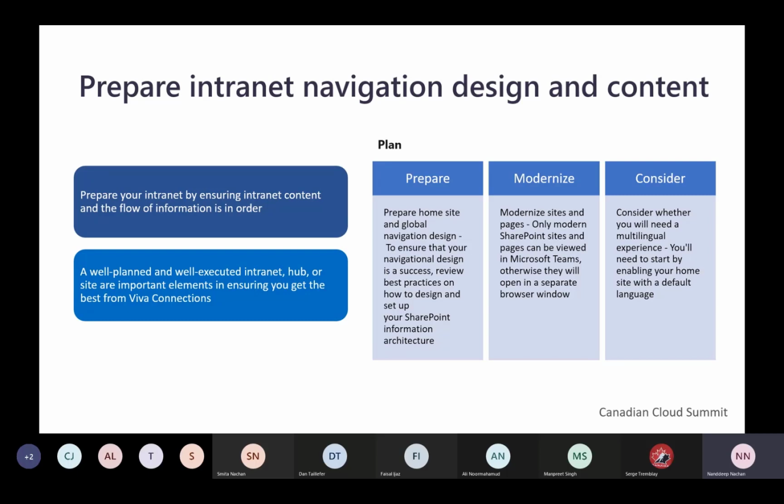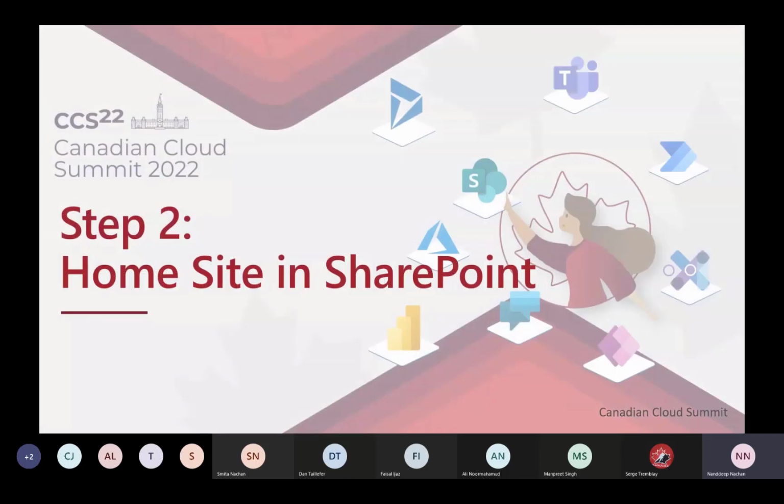Your SharePoint administrator can help you to create the home site as well as, if needed, hub sites. The site owner of the home site can enable the global navigation, and site owner as well as site member permissions will be required to customize any site-level navigation. With that, let's get into step two, how you can set up your home site in the intranet.